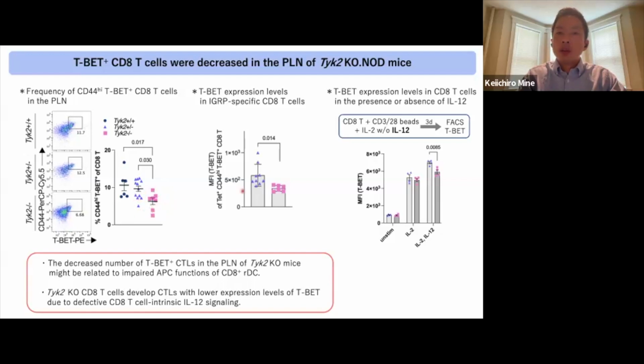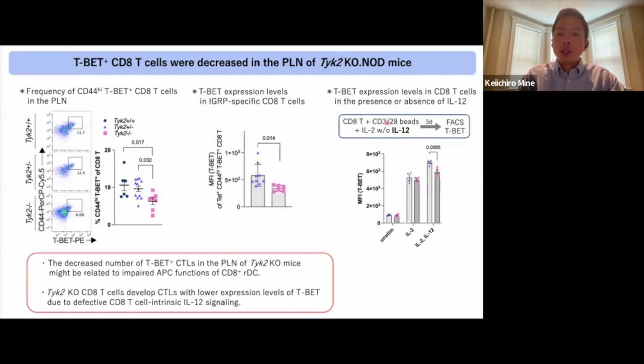The expression levels of TBET were also reduced in CD8 positive T cells. IL-12 is well known to induce TBET expression in CD4 positive T cells. So we therefore focused on the IL-12 TYK2 signaling axis.